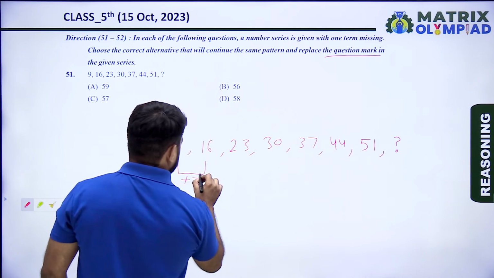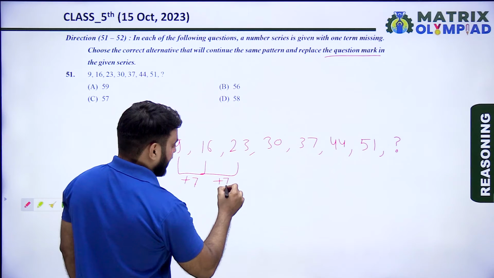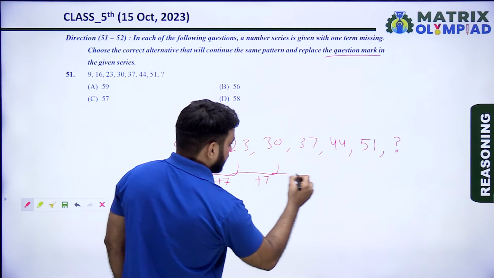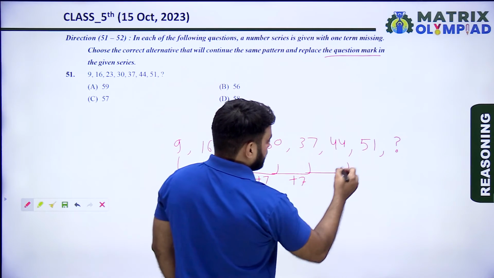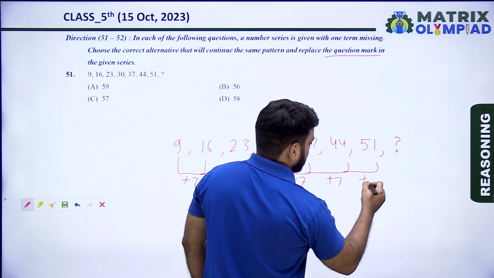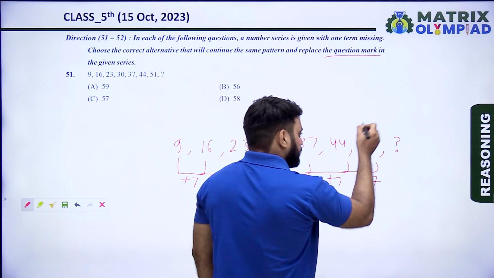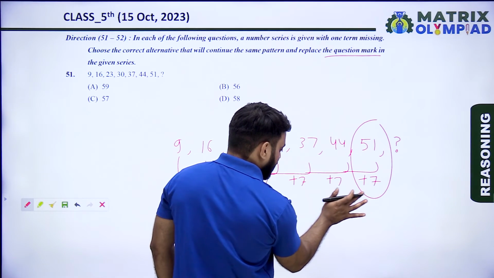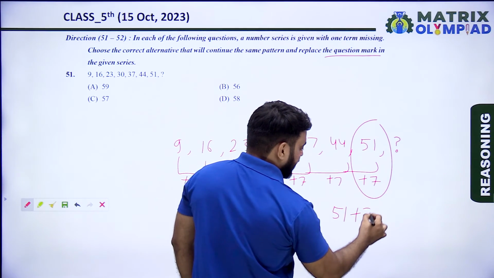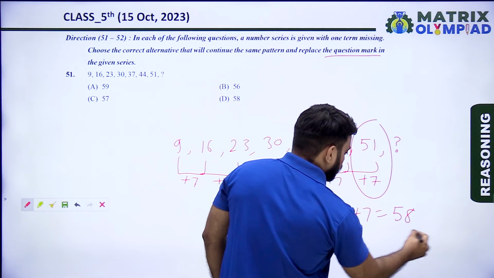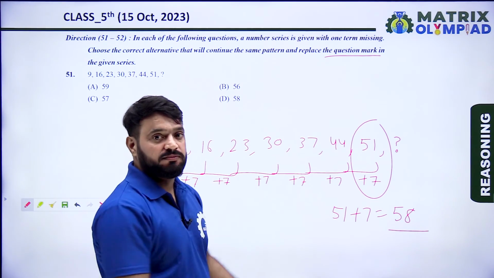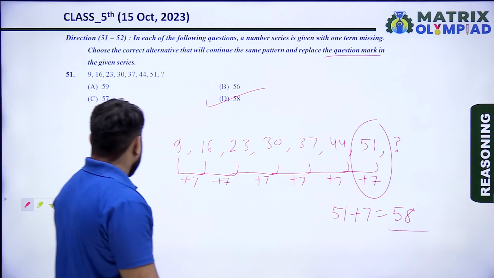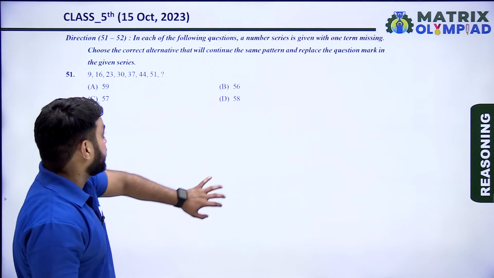Now again adding 7, 7, 7, 7. It means 51 plus 7 is 58. So 58 is the next term of this series. So the right answer is option D. Let's move on to the next question.